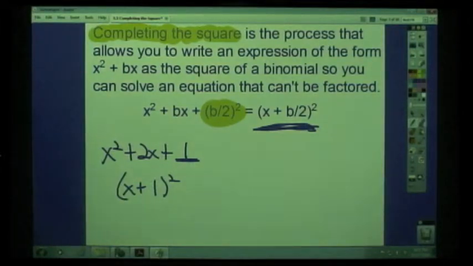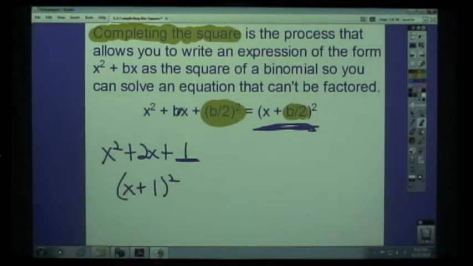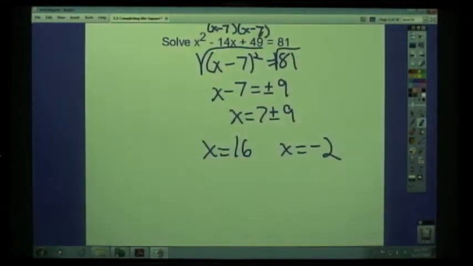Notice that right here in this little pattern, b over 2 is what gives you the number inside the parentheses. So not only does taking this b divided by 2 give you the number that you're going to get right here to make it a perfect square, but it also gives you the number that's in the parentheses. So basically what you're doing is you're trying to figure out what number goes here to make something be a perfect square.